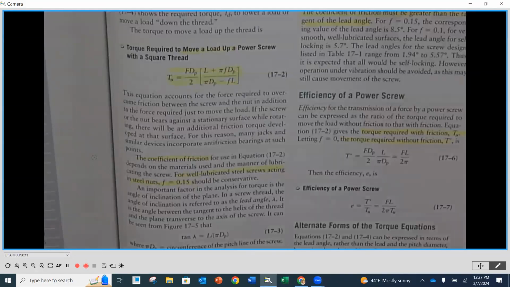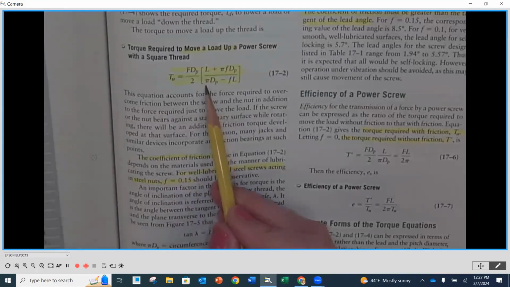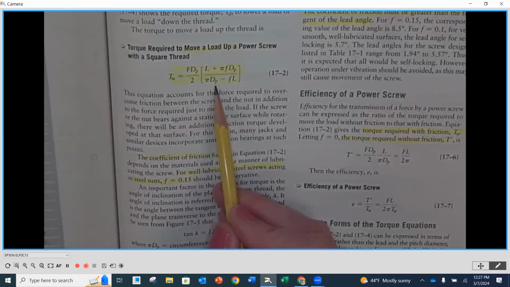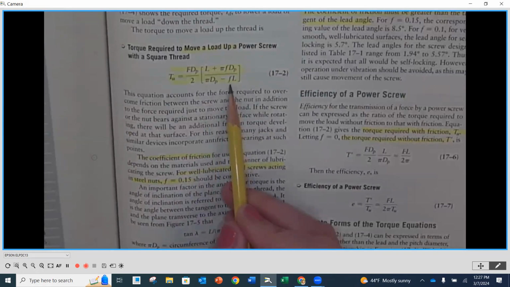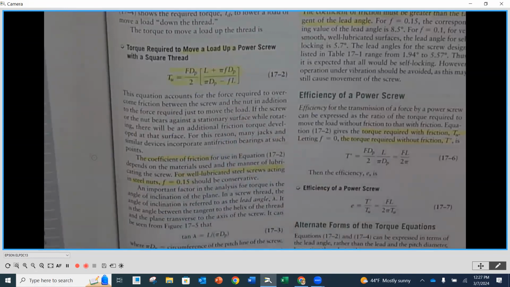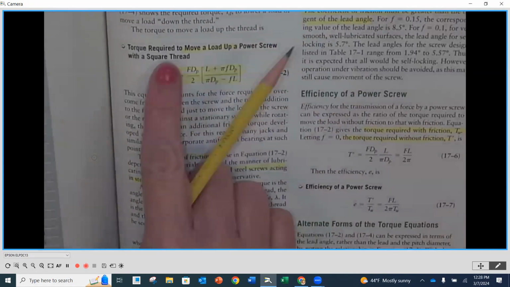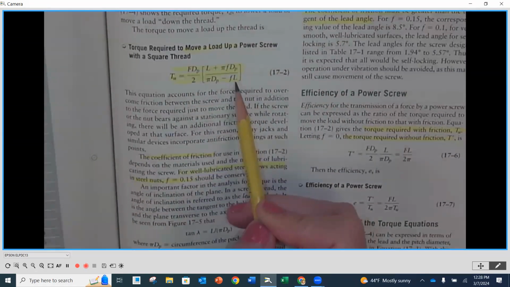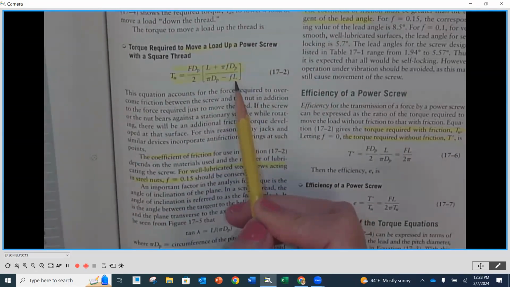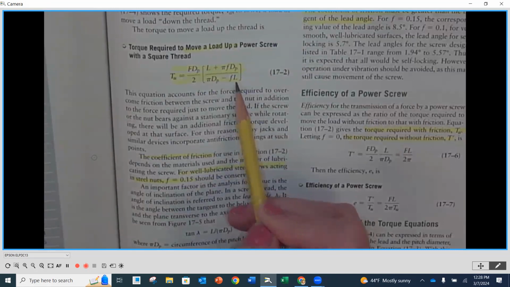Then divided by, you've got a pi on the bottom again. dP is our pitch diameter. We've got the coefficient of friction again, and then the lead. Now, this is based on the pitch of our lead screw.